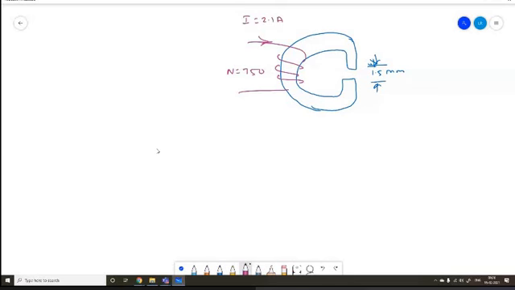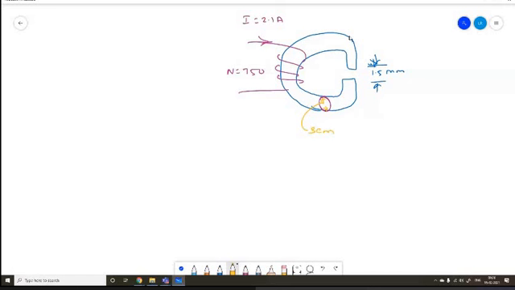This diameter is given to be 3 centimeter, and in the same way this diameter is also given, approximately 25 centimeter.